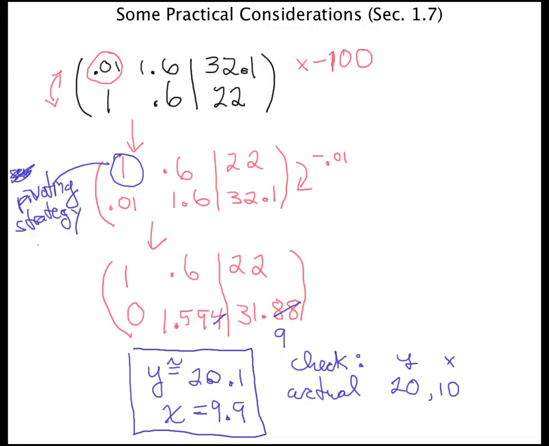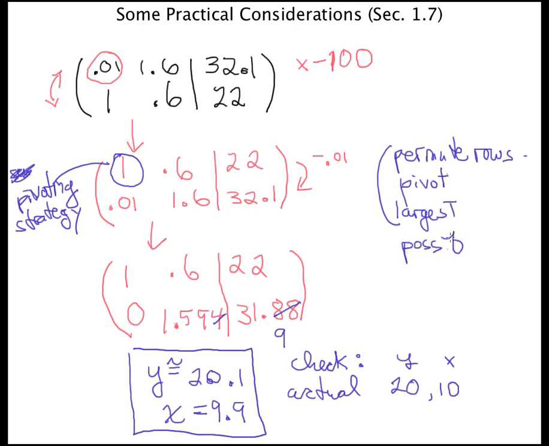So the basic pivoting strategy in order to take care of this is you apply a permutation matrix, permute the rows at each step so that the pivot is the largest possible in absolute value.